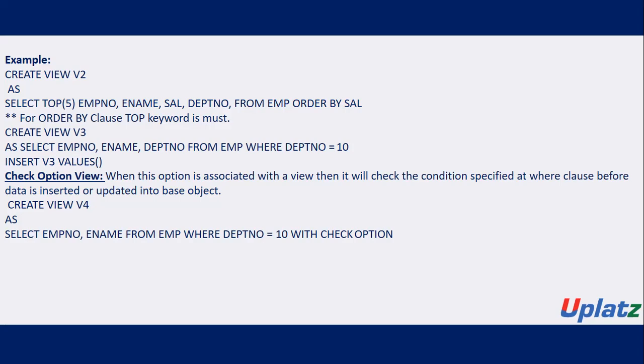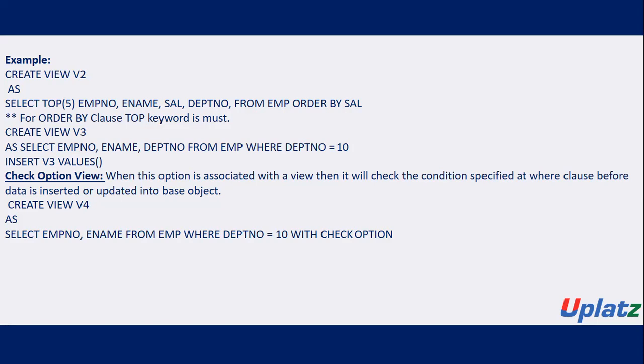Create view V4. We are creating a new view called V4 as select employee number, employee name from employee where department number is equal to 10 with check option. So how is this query executed? Here the where clause part is executed first. We can see the condition: the employees must belong to department number 10.